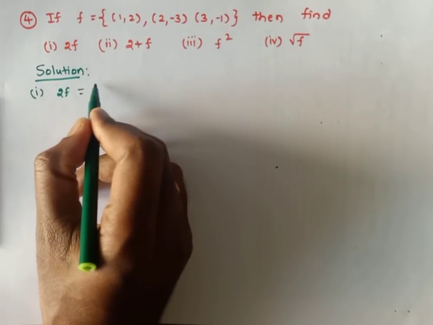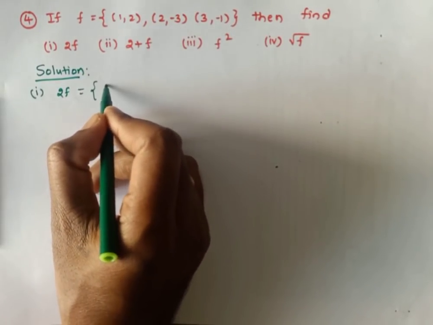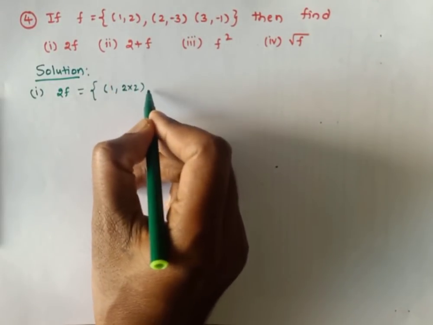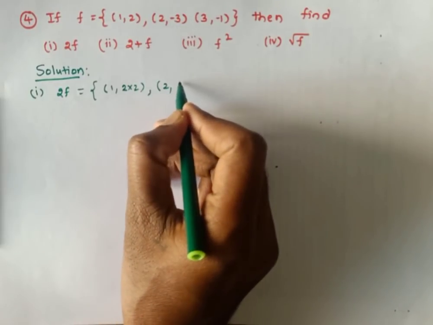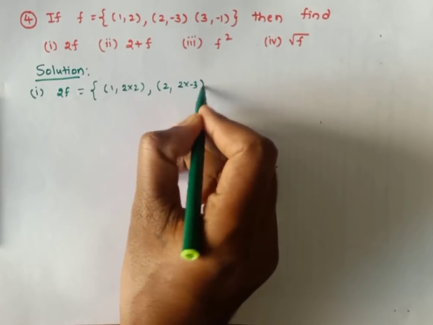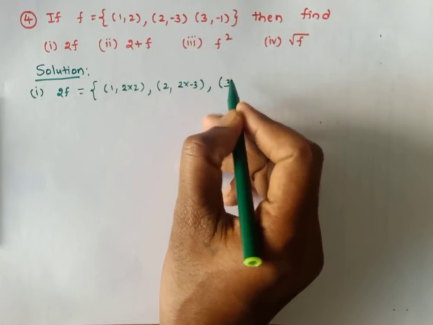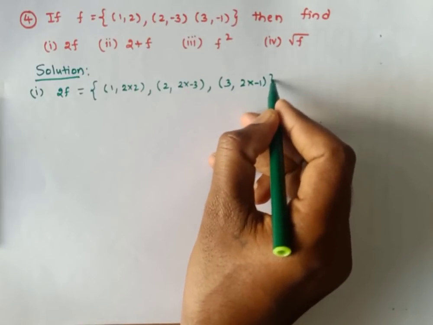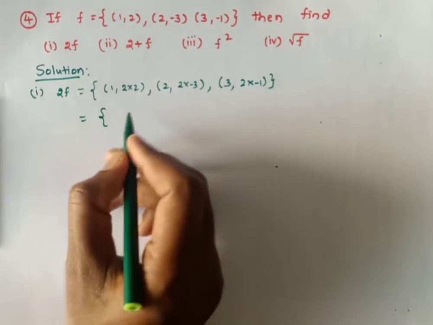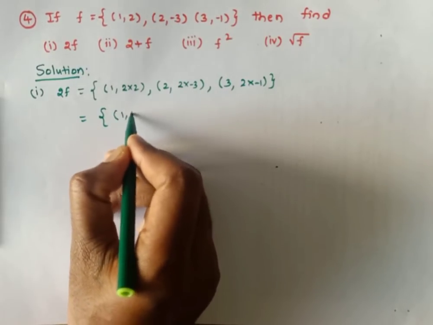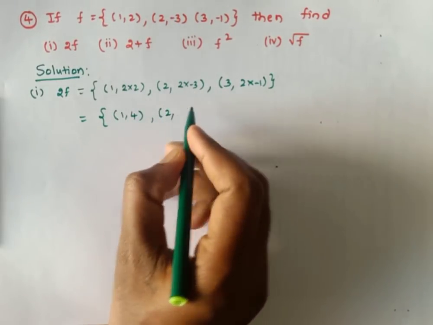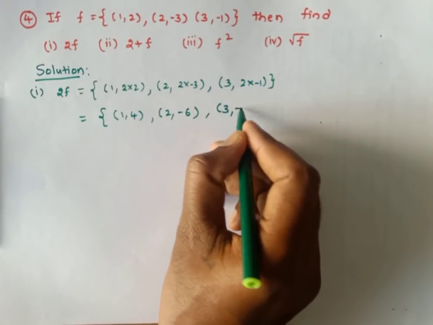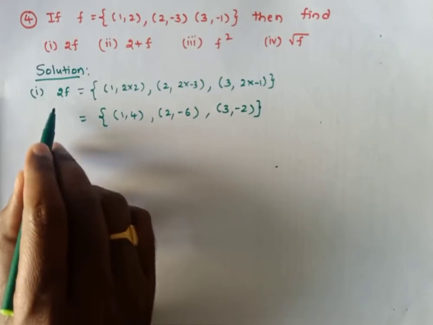So we can write this 2f as 1 comma 2 into 2, 2 comma 2 into minus 3, and 3 is as it is, now multiply the 2 with 2 into minus 1. Therefore again it is a set of ordered pairs: 1 comma 4, 2 comma minus 6, 3 comma minus 2. So 2f values are like this.